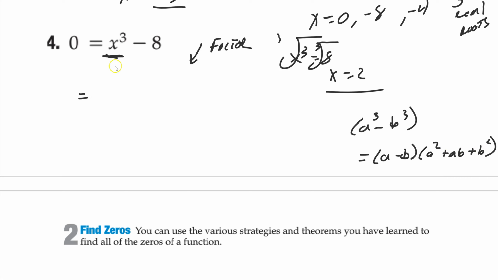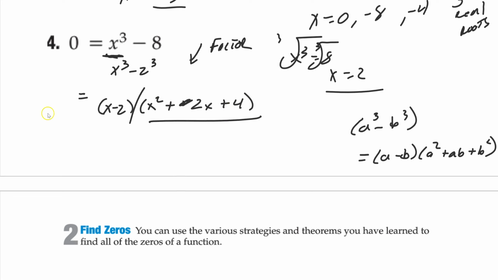In this case, this is x cubed minus 2 cubed. So I get (x minus 2)(x squared plus 2x plus 4). And remember I said earlier how this part never factors nicely. You have to do the quadratic formula on that, or complete the square, whichever you prefer. If I was using the quadratic formula, it would be like this.